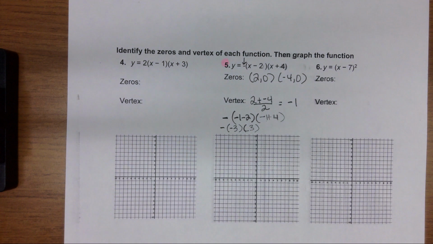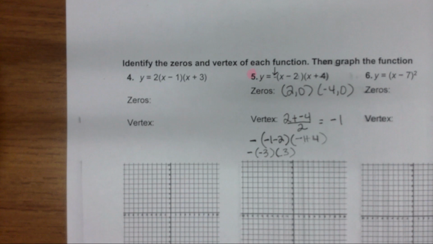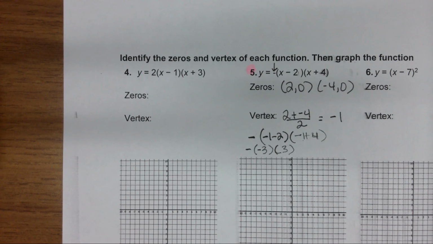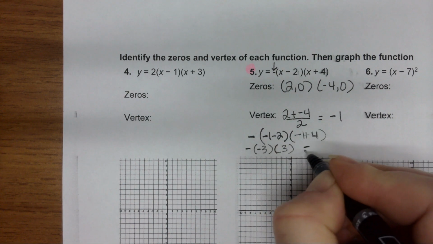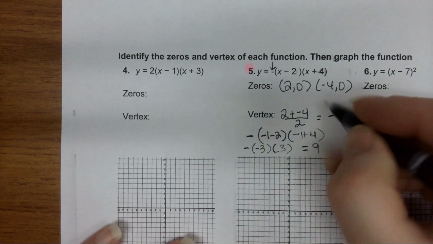If I have 2 negatives, that's going to make this thing positive. This is positive 9. Let's write it as an ordered pair. The coordinates of our vertex then are negative 1.